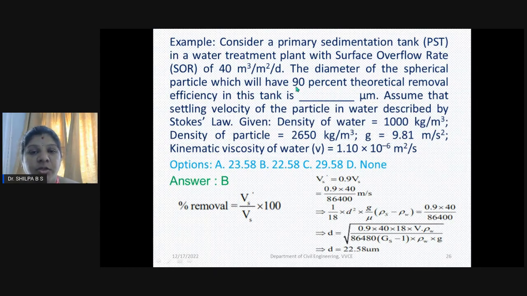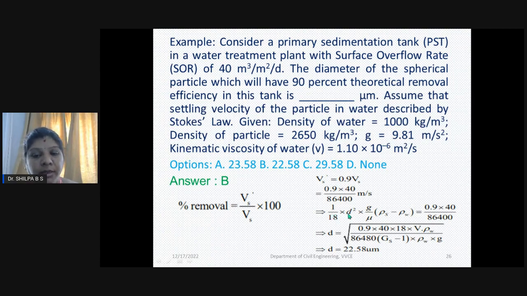So based on this, we are taking that as 0.9. So Vs is 40. Since they have given in meter cube per meter square day, we need to convert that to second. So that's why we are dividing that by 86,400.